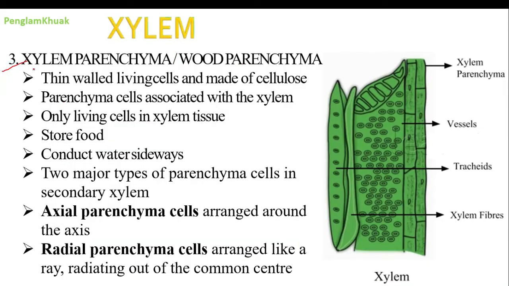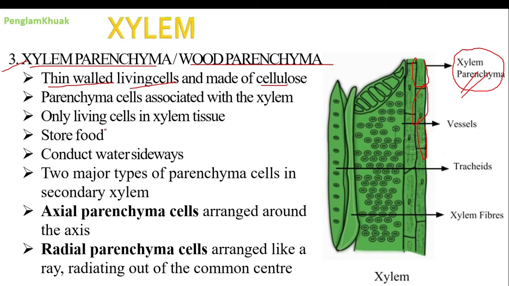The third element of xylem is xylem parenchyma or wood parenchyma. This xylem parenchyma or wood parenchyma has a thin wall. Parenchyma cells are alive, that is living cells, and cellulose is mostly deposited within the wall. So these are xylem parenchyma.